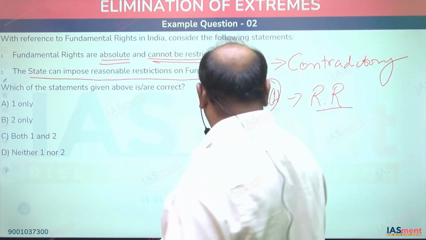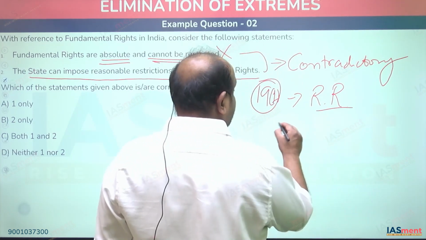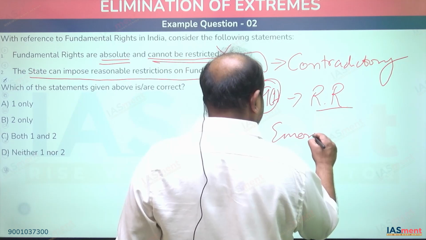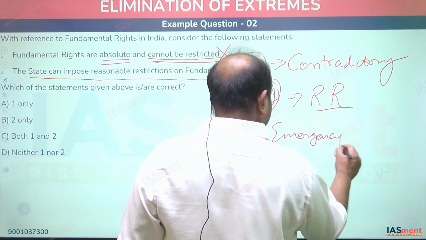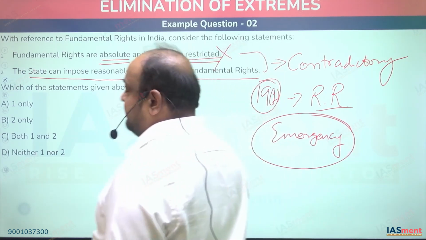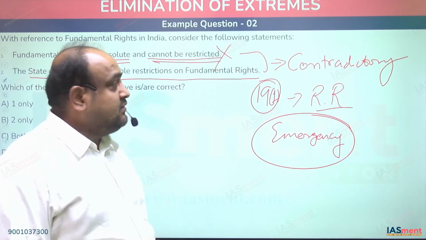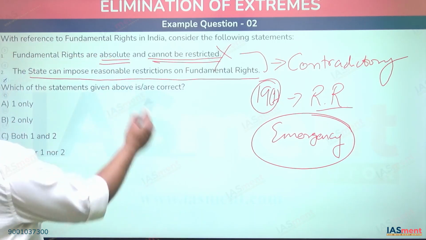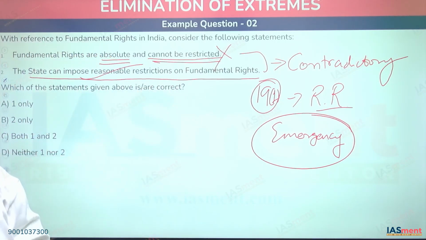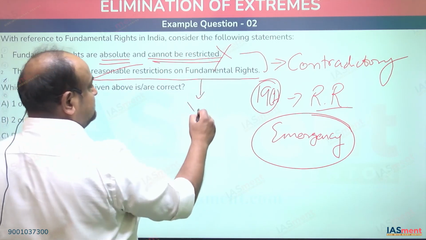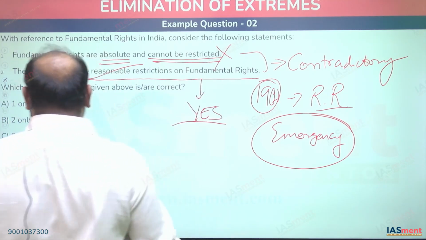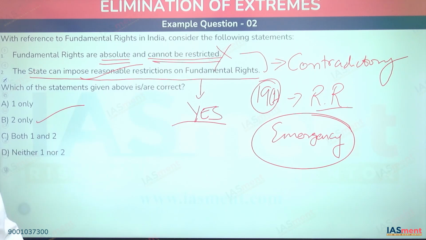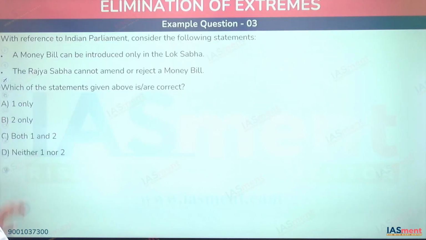And moreover, during emergency, right? So the first statement is wrong, then statement 2 will be right. State can impose reasonable restrictions on fundamental rights. Yes. So the answer is B. Let's see the next question.